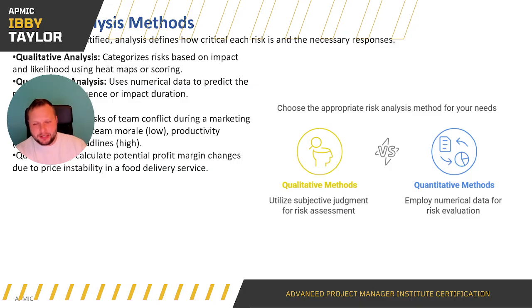So, analysis methods. Once you have identified a risk, you need to then define it. You need to look at how critical it might be. The easiest way to do this, what a lot of people do, is they score it. Most people will give it two separate scores. One of them is how likely it is to happen: what's the likelihood of this risk actually coming to fruition?